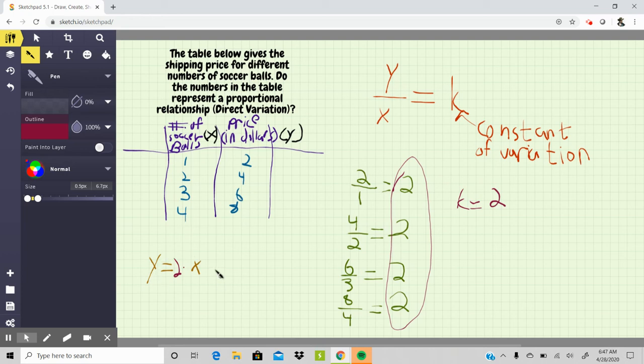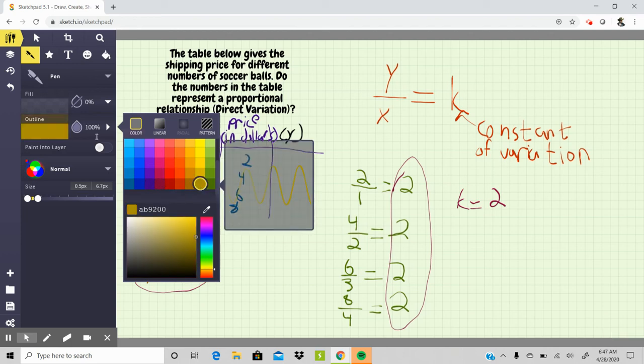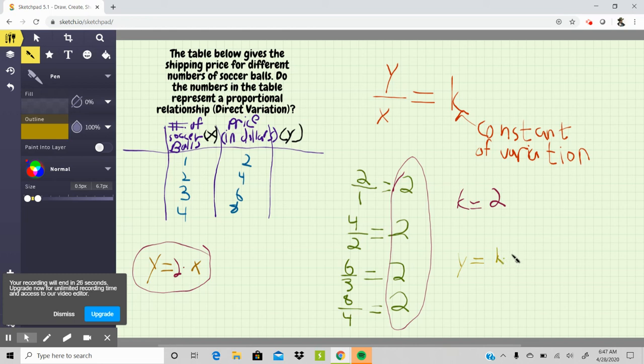All right, and this is actually what every single direct variation equation looks like. The general form for a direct variation equation is y equals k times x.